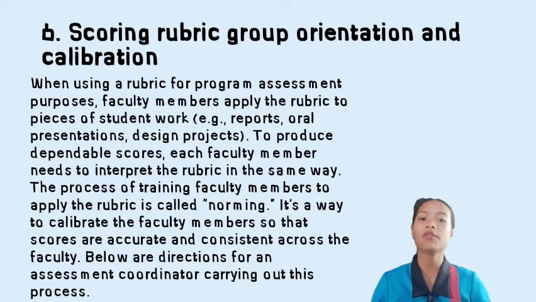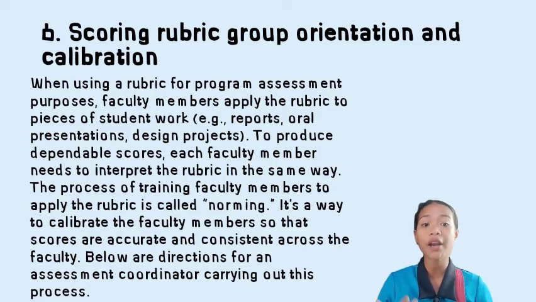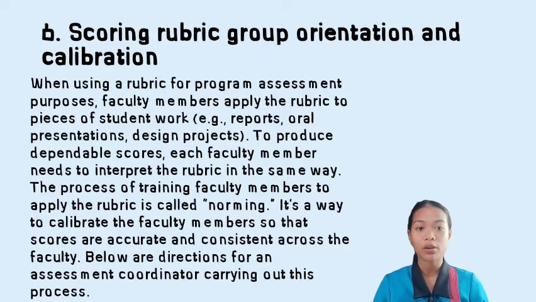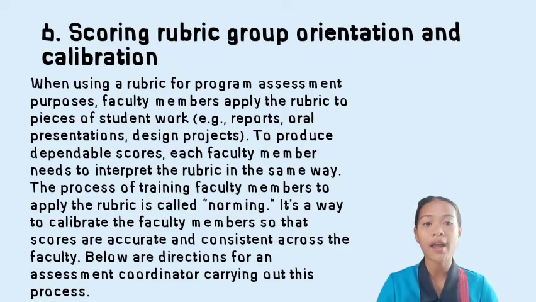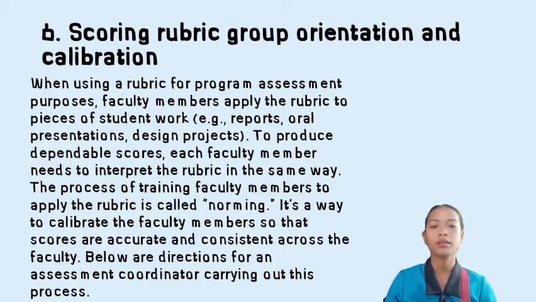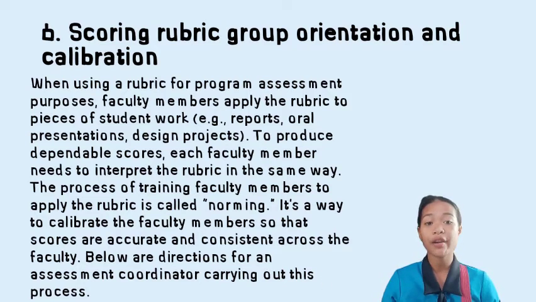The process of training faculty members to apply the rubric is called norming. It is a way to calibrate the faculty members so that the scores are accurate and consistent across the faculty. Below are the directions for an assessment coordinator carrying out this process.